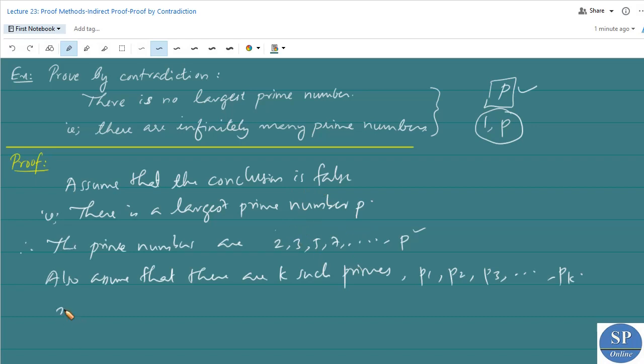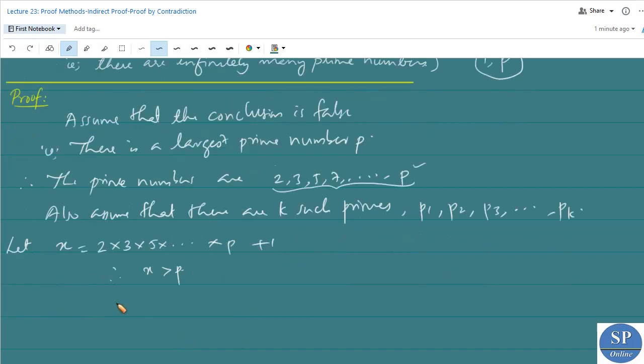Now let x denote the product of these prime numbers plus 1. That is, let x be equal to 2 times 3 times 5 times 7, etc. times p, plus 1. So clearly we have x greater than p.